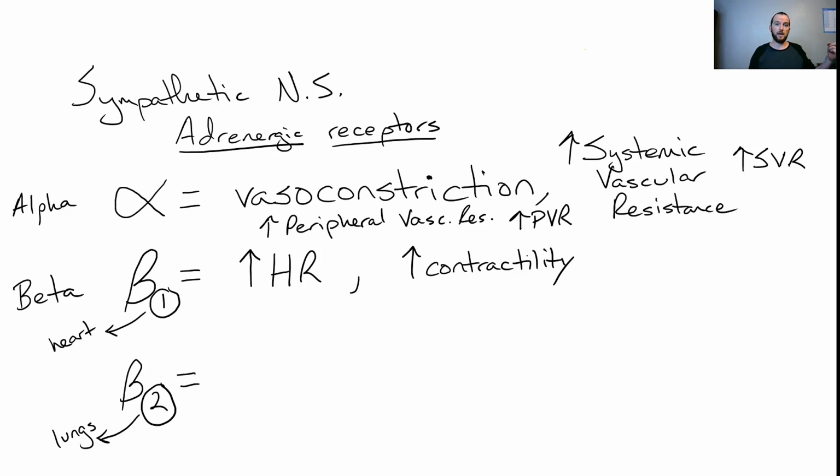The rate is the same, but the strength of that contraction is much different. The harder that contraction is, the better the blood pressure is going to be. The weaker the contraction, the lower the blood pressure.